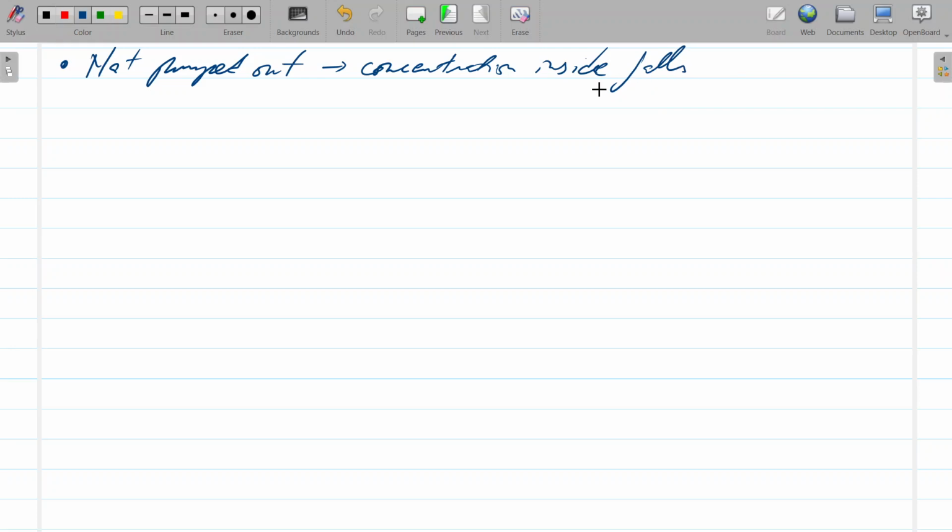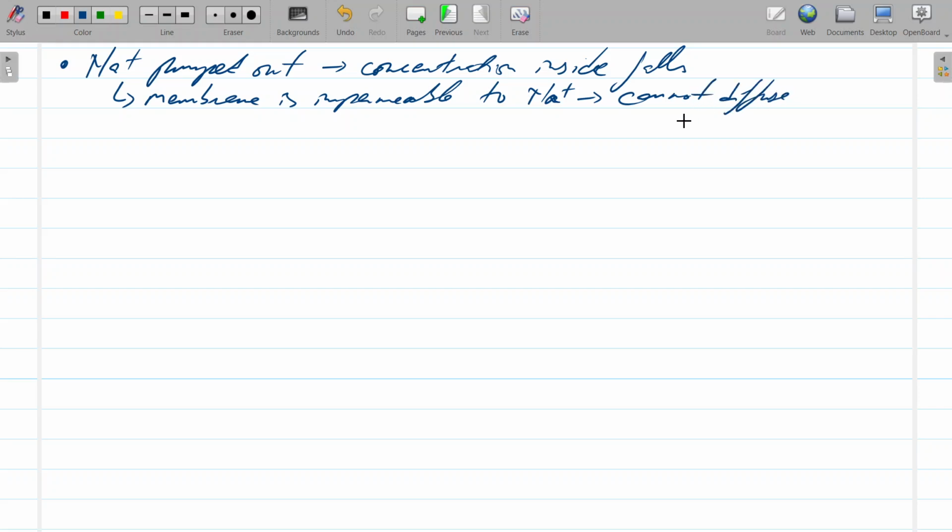And the thing about the membrane of the axon is that it is impermeable to sodium ions, and so they can't diffuse back in freely. So recall facilitated diffusion. That can happen, but it's not happening. So it cannot move back in freely.